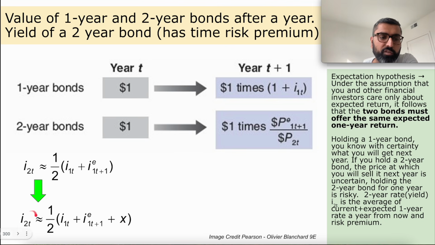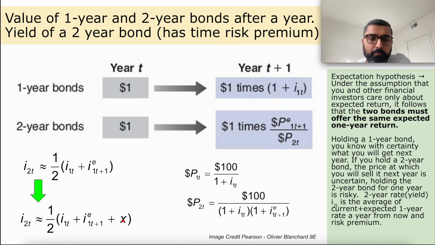So the interest rate on the 2-year bond would be the average of the interest rate for the 1-year bond plus the expected interest rate a year out, plus the term premium associated with it. Then this would be equal in some sense, to compare them.